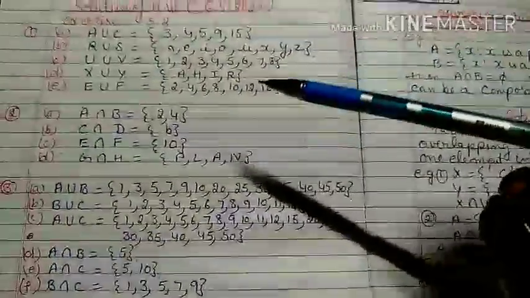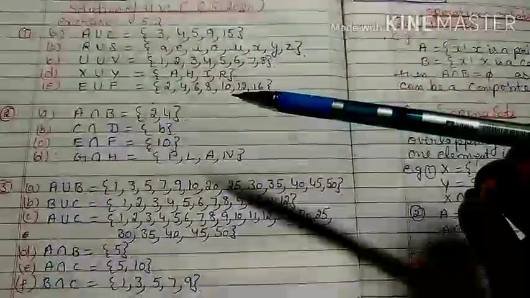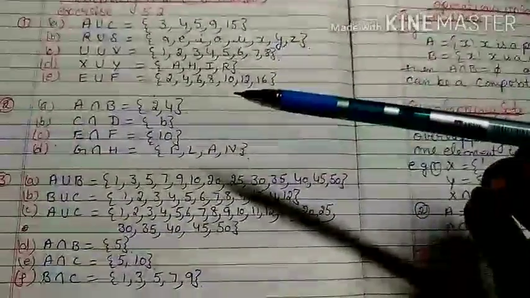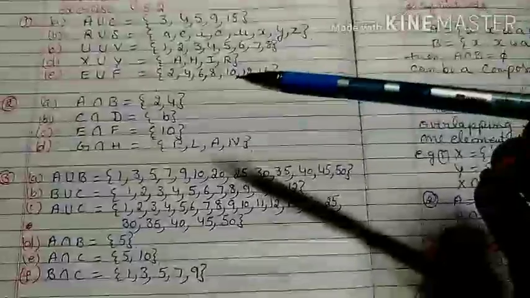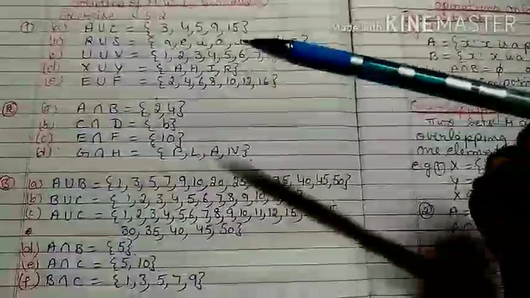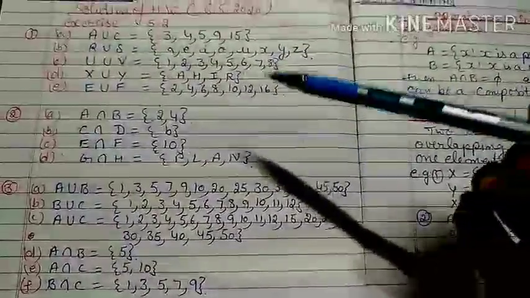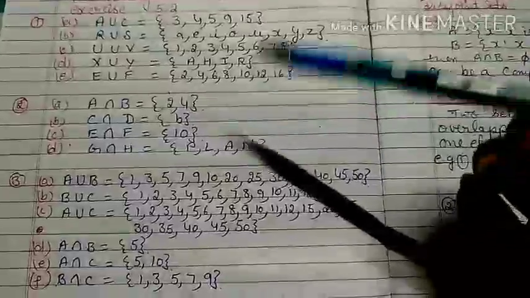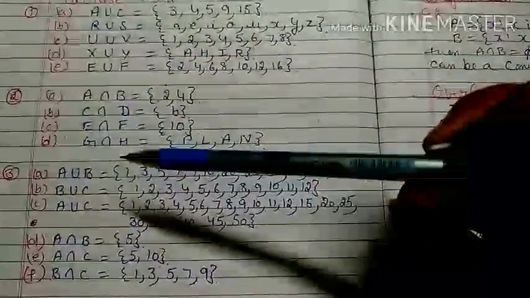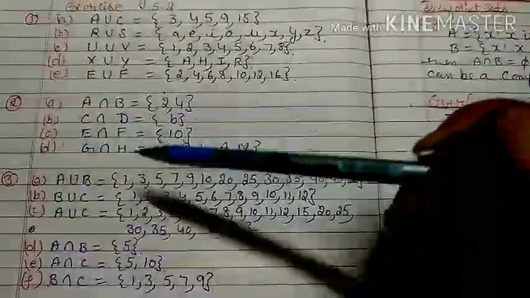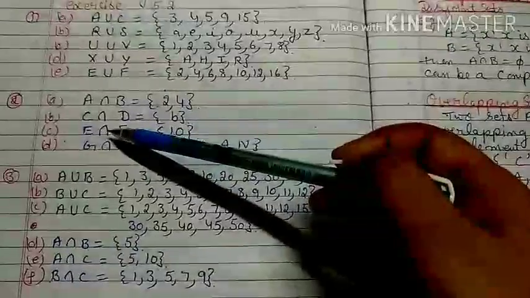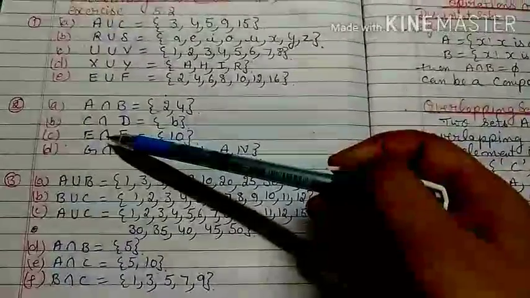Now in the second question, you have to write the intersection. If any set is written in set builder form, you can also convert it to tabular form before writing the intersection. Like in part C of the second question, your E set is presented as X is a natural number, multiple of 5 less than 20.